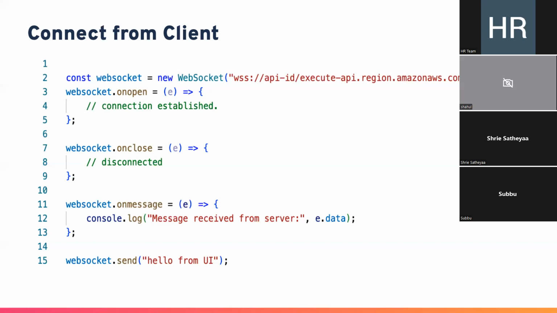So the clients will receive the messages using the on message event, and the client can also send messages to the server using the WebSocket.send method, so that the message will be sent to the API gateway.